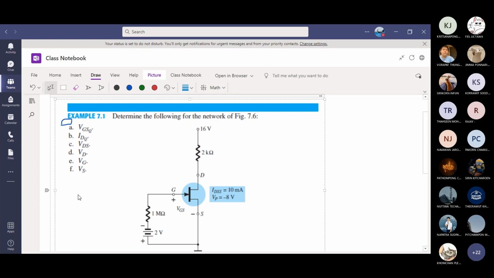Waramet. Yes. Part D, VD. Okay. All right. And part E will be for Miss Navawan, VG. Is Navawan here?